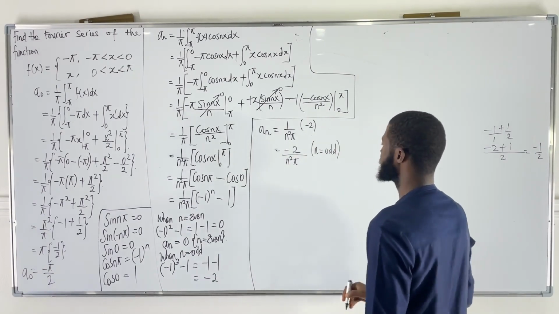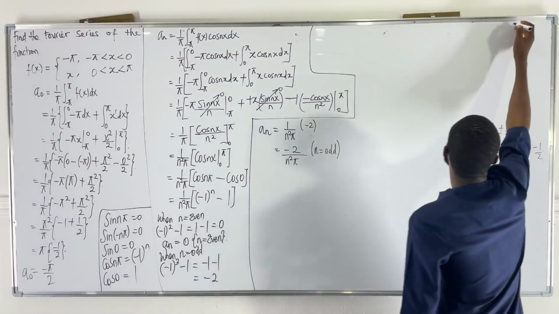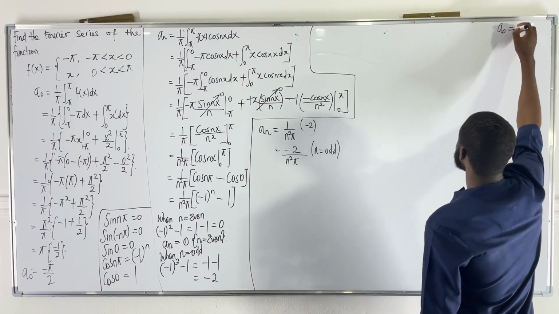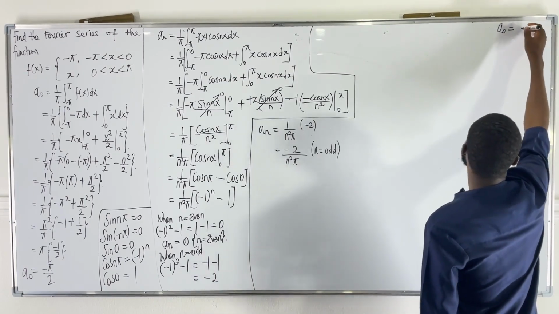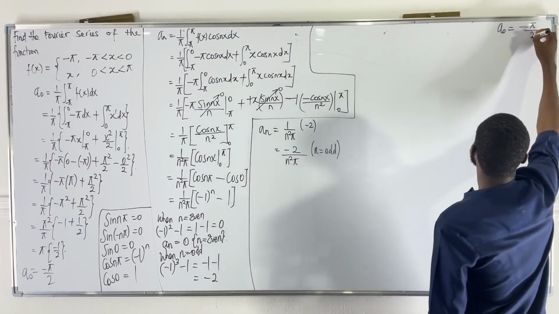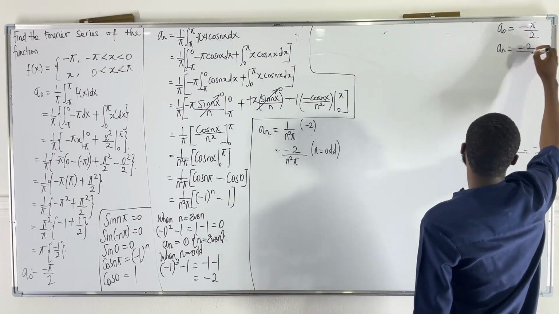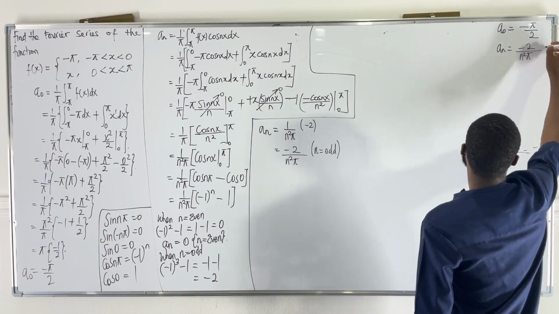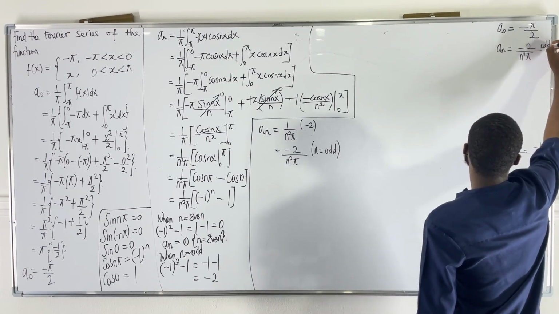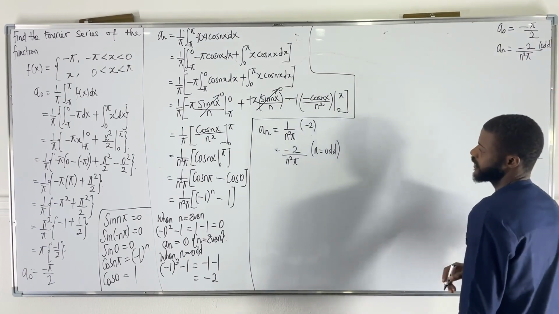Let me keep my answers somewhere here. So a naught first. A naught is minus pi over 2. A sub n is minus 2 over n squared pi where n is odd.